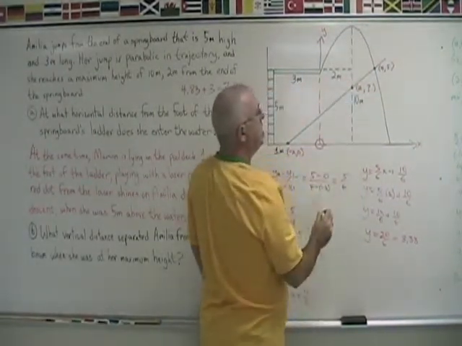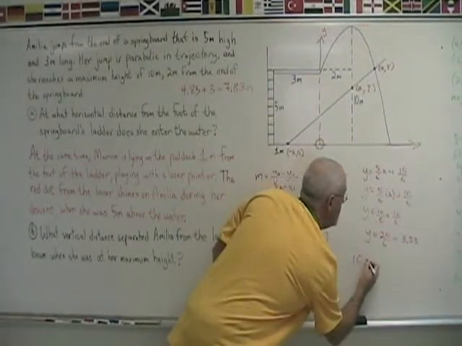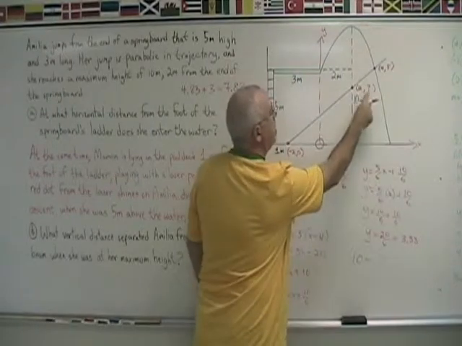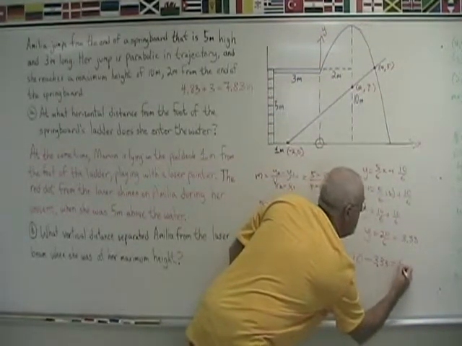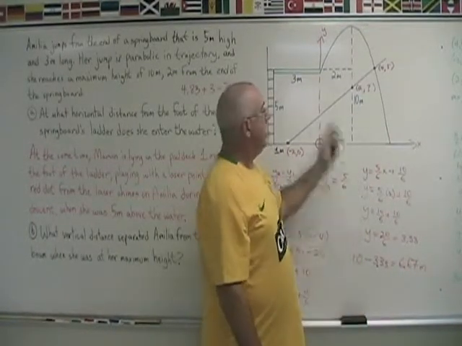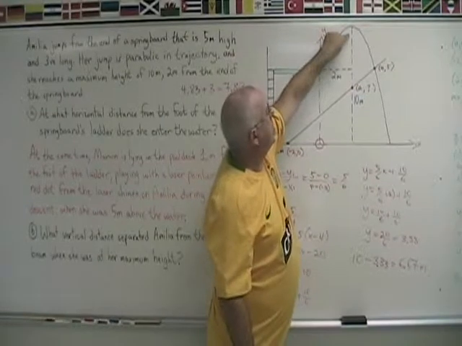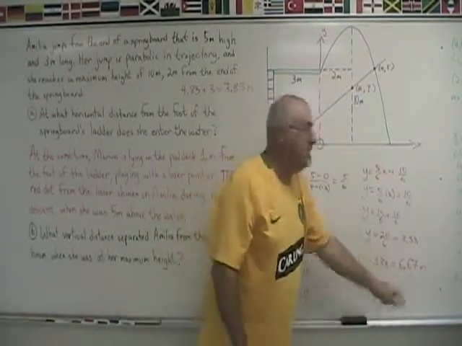In order to solve that, we have to take the y-coordinate of the vertex, which is 10, and subtract the y-coordinate of this point, which is 3.33. And therefore our answer is 6.67 meters. The vertical distance that separated Amelia when she was at her vertex from the laser beam directly below her was 6.67 meters.